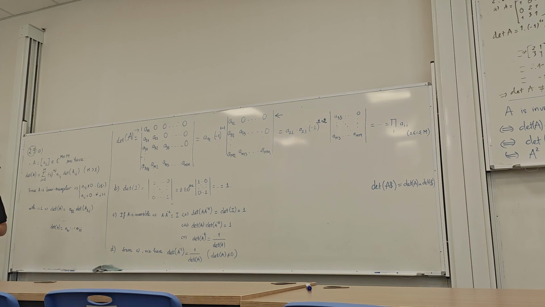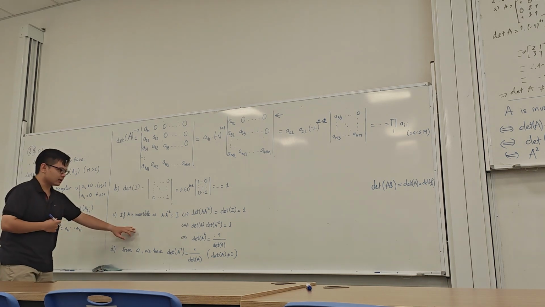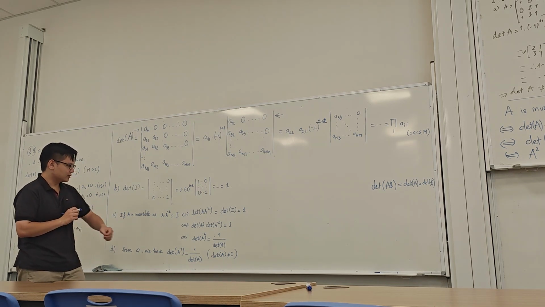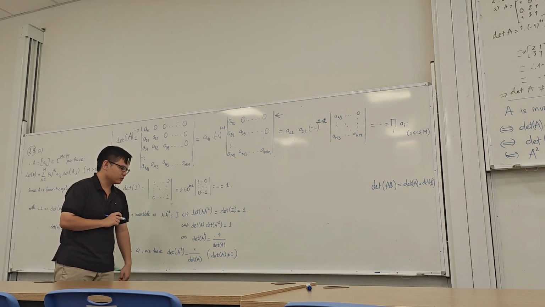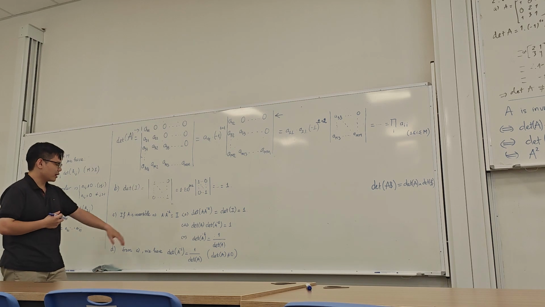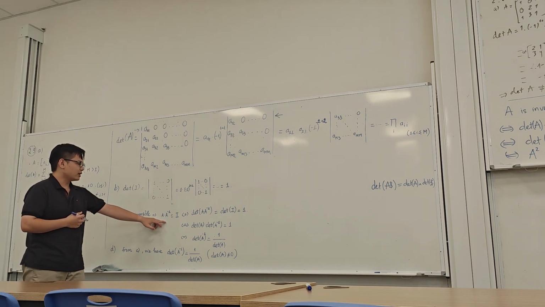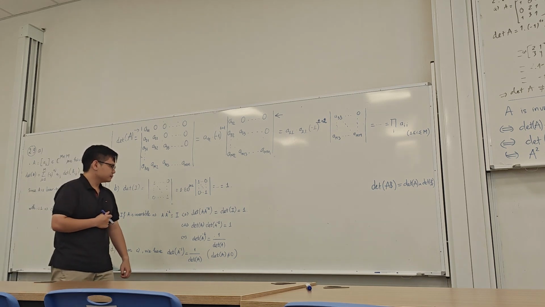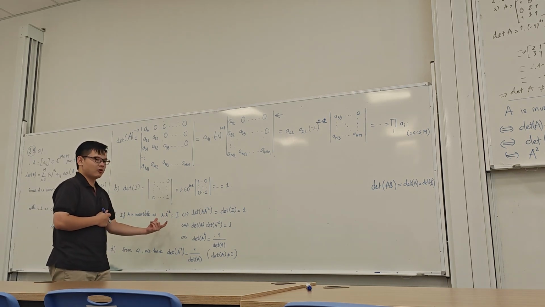That's okay. And for the next question, if the matrix A is invertible, we prove that determinant of A minus 1 equal to 1 over determinant of A. From the definition of invertible matrix, we have A multiplied with A minus 1 equal to the identity matrix, and we apply the determinant to both sides.